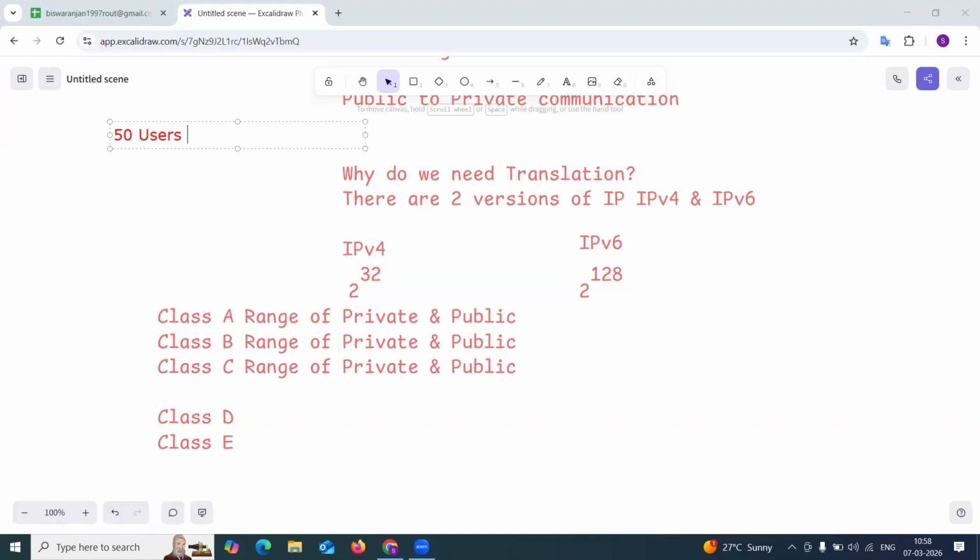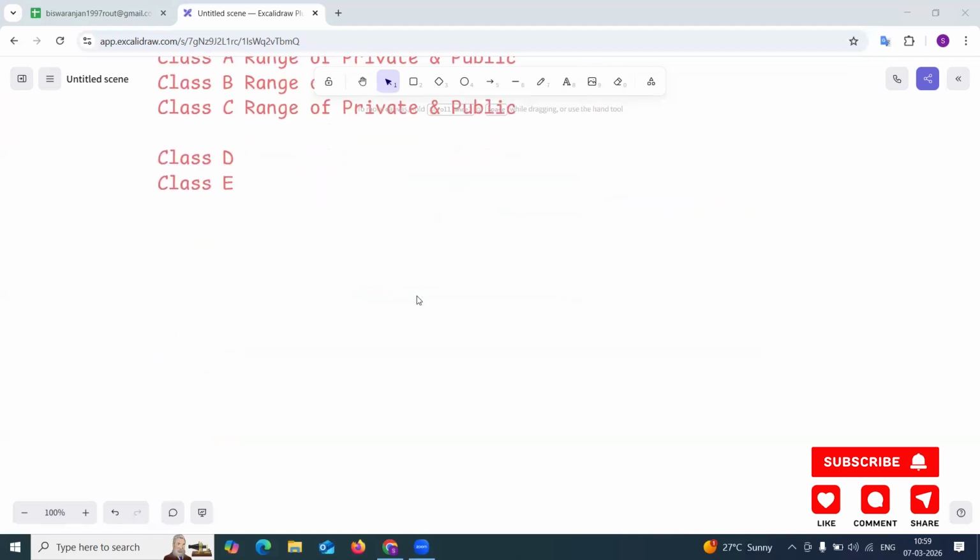So approximately 50 to 80 devices might be connected in the network right now. For us, is it possible to take that much public IP? No, not possible. So what we do, we use translation. Translation basically helps you translate multiple private IPs with a single public IP. This is where we use translation.